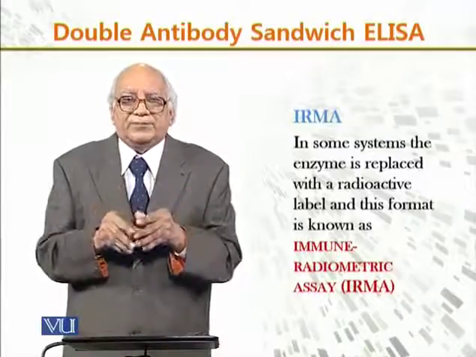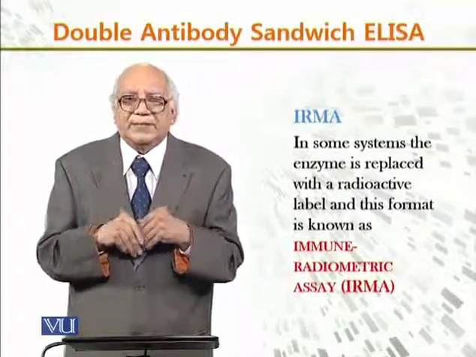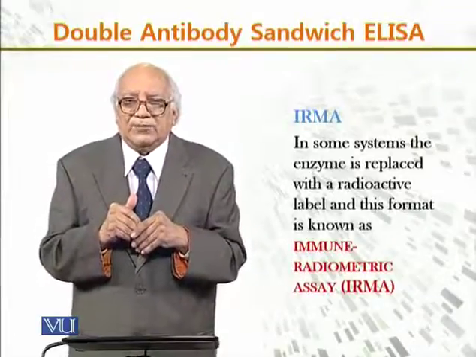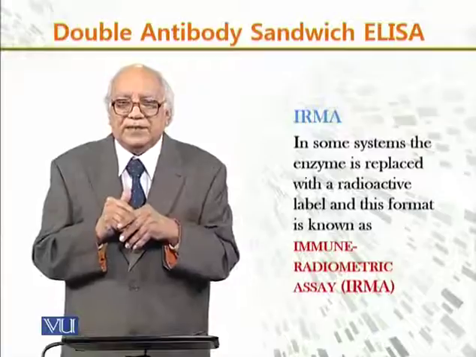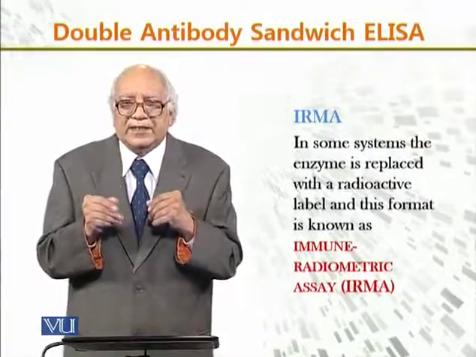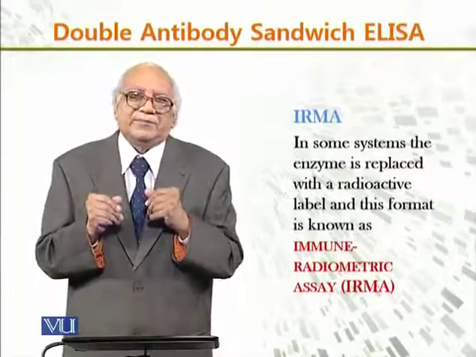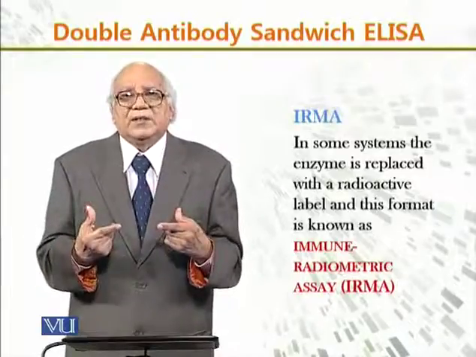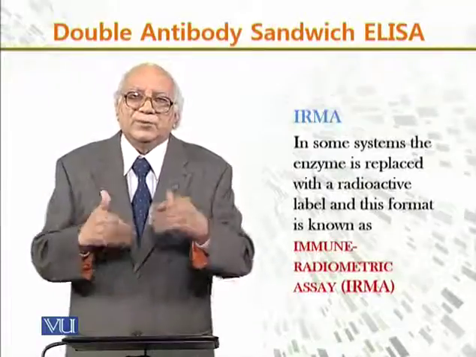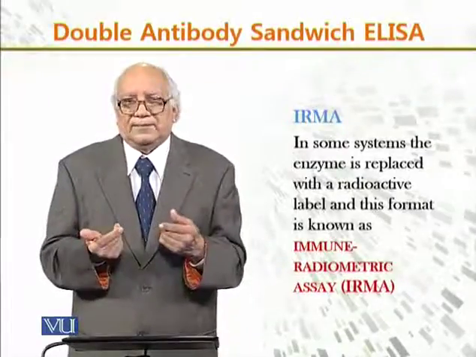In some systems, the enzyme is replaced with a radioactivity label, and this format is known as immune radiometric assay, IRMA. So you see that during the diagnostic process, we use different markers.